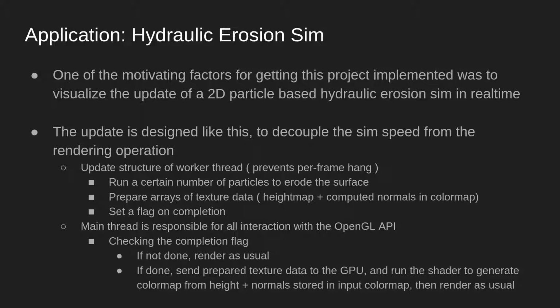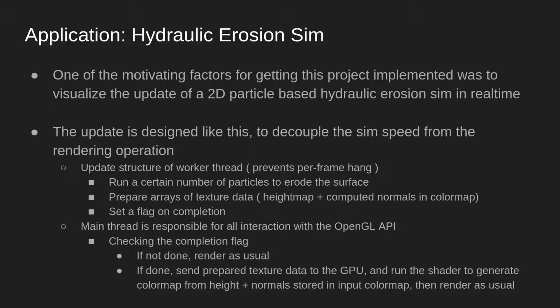So something cool that I figured out was a way to do this multi-threaded without stepping on any toes with the OpenGL API. There's a worker thread and then there's a main thread. The main thread is responsible for all interaction with the OpenGL API. But this worker thread is working in the background to do the simulation update and prepare the textures to send.